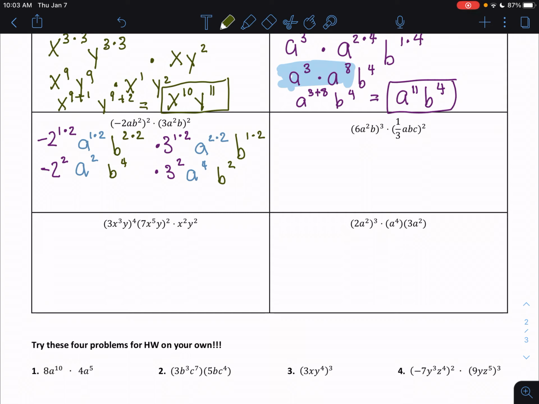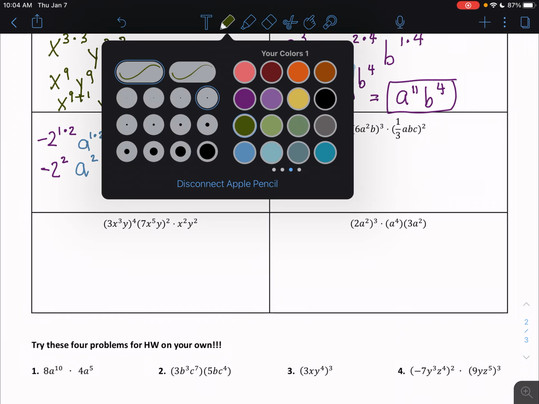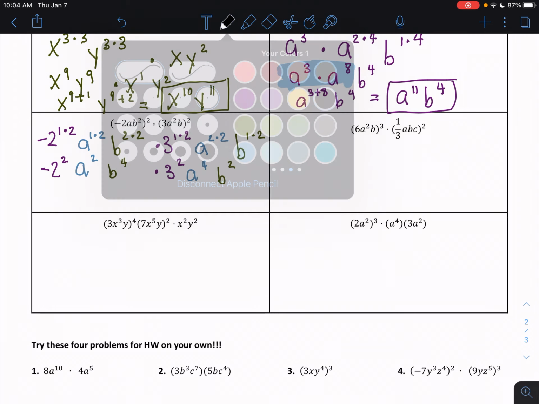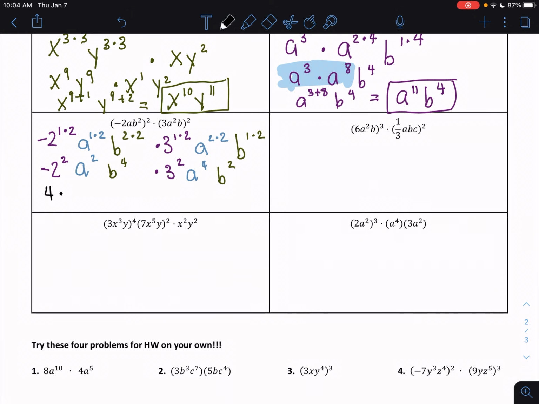All right, now you can see here again what we can combine, right? That's why I made them different colors. So we would have -2 squared, which is 4, times 3 squared, which is 9. Then we can combine those a's, right?